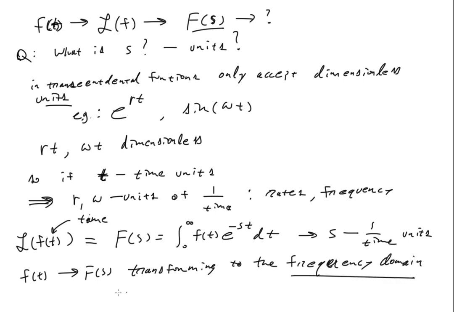It should also be noted that there's basically a one-to-one correspondence. It's transforming to the frequency domain, and we can also go back. If I have a function in the frequency domain, there exists a function in the time domain that it corresponds to.